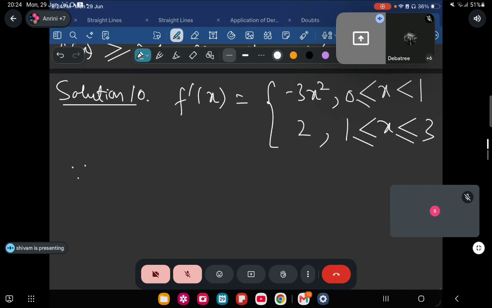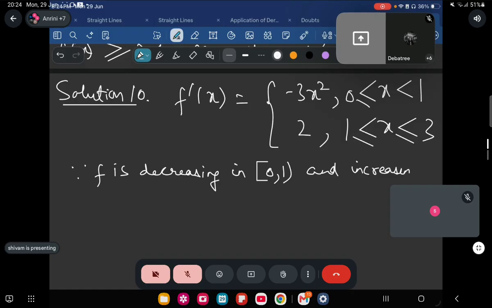Just to see, since over here f is decreasing in the interval, right? F is decreasing in closed 0 comma open 1 and increasing in closed 1 comma 3, right? Tell me, Sarthak.